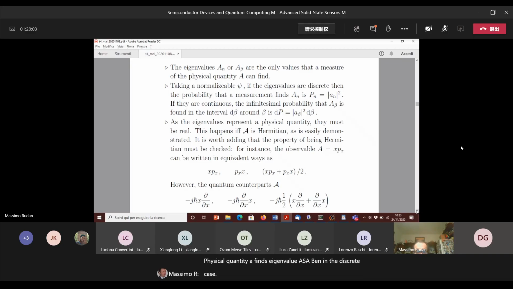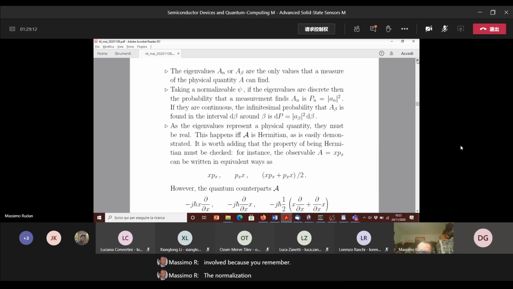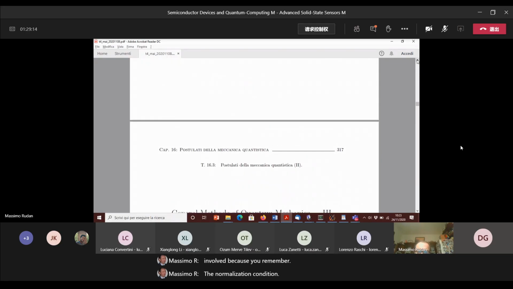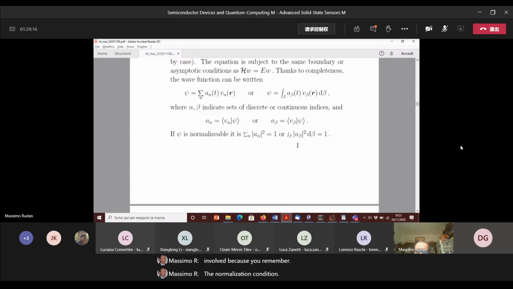In the continuous case, the situation is a little bit more involved because you remember the normalization condition tells you that the integral of the square modulus of a(beta) is equal to 1. So this is a number.